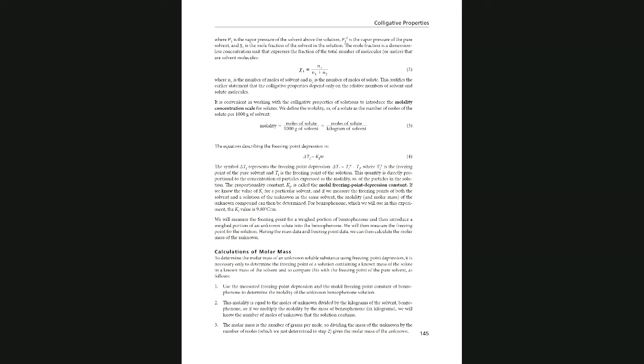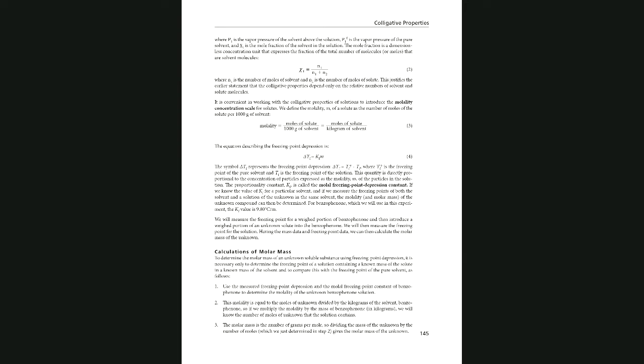This depends on the substance you are using; a different substance is going to have a different value. For the purpose of this experiment, we are using benzophenone as the solvent. The value for Kf is 9.80 degrees Celsius per molal. So you have the value for Kf, you find delta TF experimentally, and you can calculate the molality.